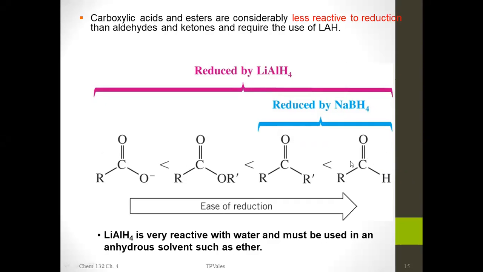So we can easily reduce this aldehyde and ketone, no? So we can actually simply use a not so powerful reducing agent like sodium borohydride. But for esters and carboxylic acids, we really have to use lithium aluminum hydride, a strong reducing agent.